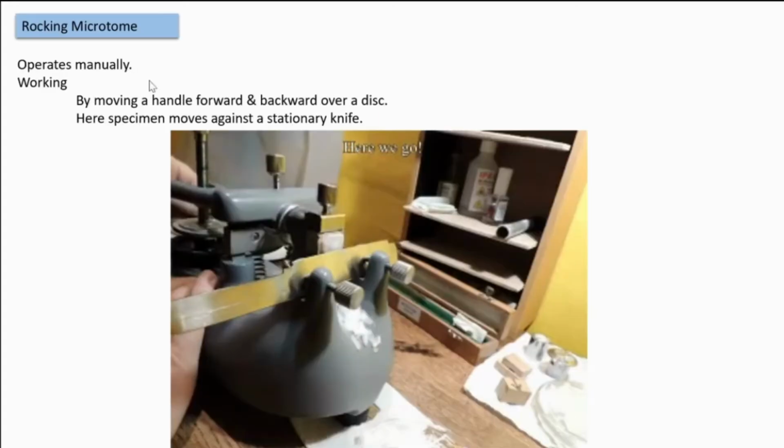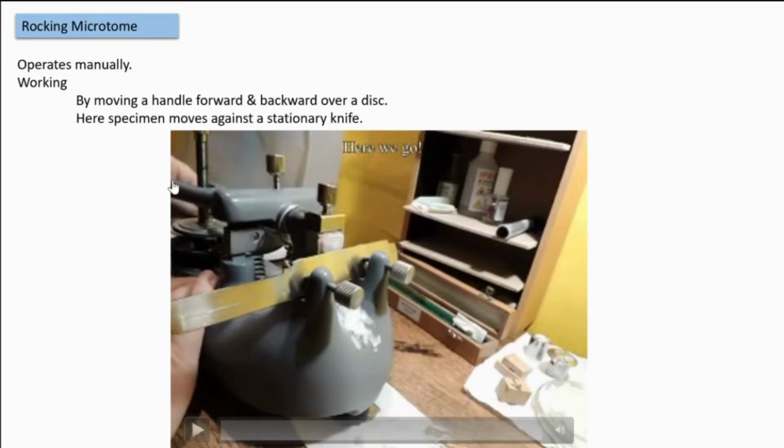Next, the rocking microtome. The rocking microtome also operates manually with the help of a person. How does it work? It works by moving a handle forward and backward over a disc. We can see the disc here, and over it there is a moving handle.